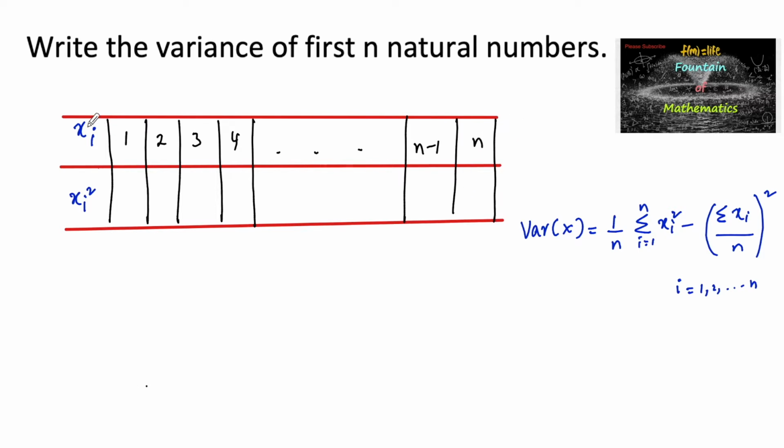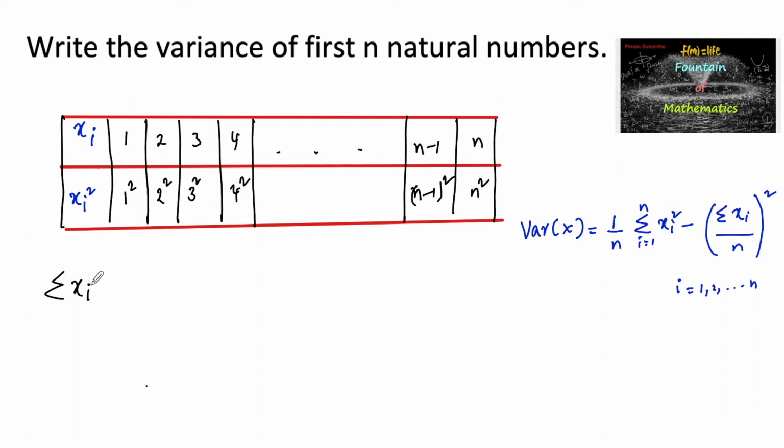And square of the observations: 1 square, 2 square, 3 square, 4 square and so on, n minus 1 whole square and n square. And we require summation of xi and summation of xi square.